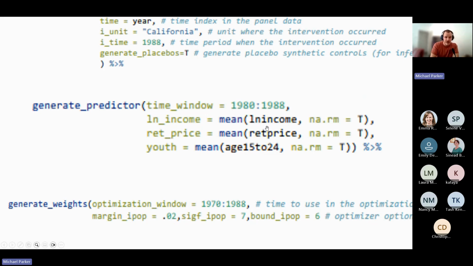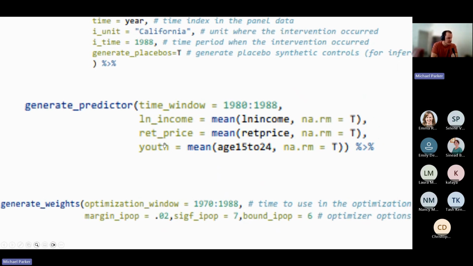If income is higher, people have more disposable income to spend on cigarettes potentially. If the retail price is lower, then people may buy more cigarettes. Or if there is a higher proportion of younger individuals, if smoking is popular in young people, then cigarette sales will rise. Or if there's a higher proportion of elderly people, then it depends on how that interacts with the outcome. But you can see this is used in the 8 years prior to the intervention period.